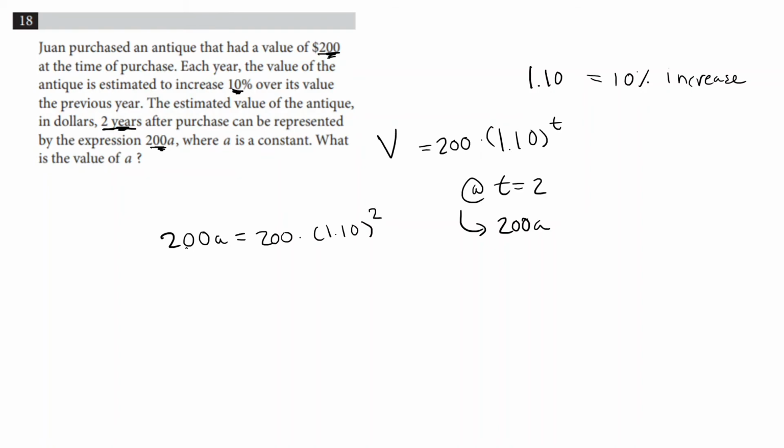Okay, so we have that. We can cancel out the 200s by dividing. We can get A is equal to 1.10 squared, which, if I calculate that really quick, is 1.21. Okay, so this would be your answer. Let's write an A there. That's the answer to this question.